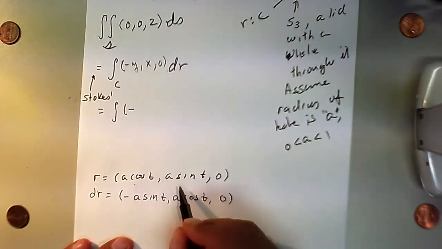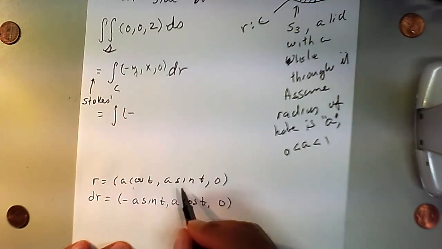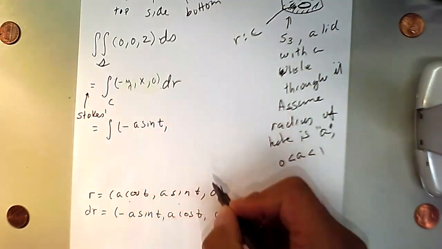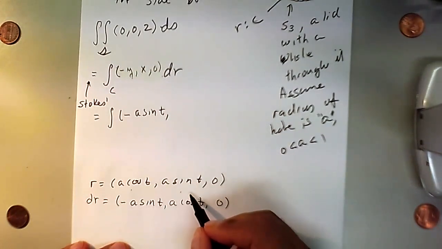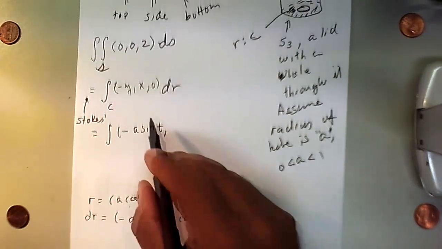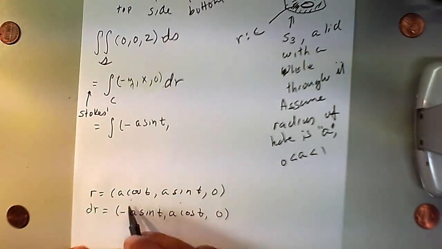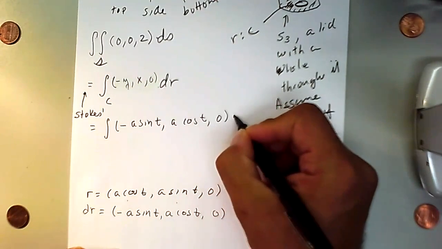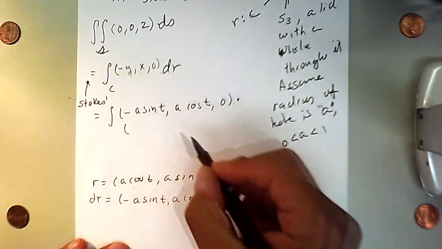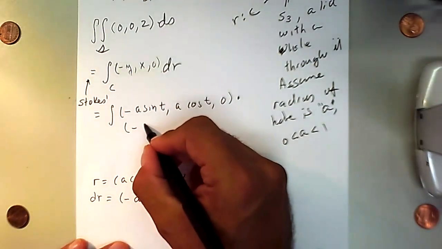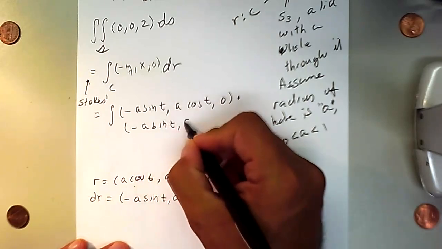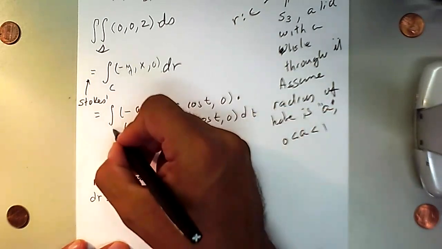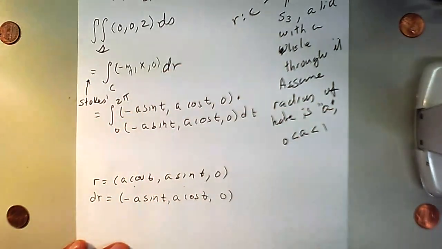Again, this is x, this is y, this is z. So negative a sine of t, a sine t, comma, x. x is a cosine of t, comma, 0 dotted with negative a sine t, a cosine t, and 0 again, dt, as we go from 0 to 2 pi.